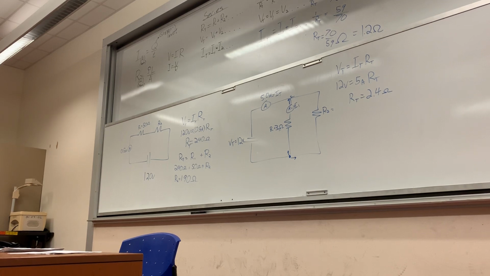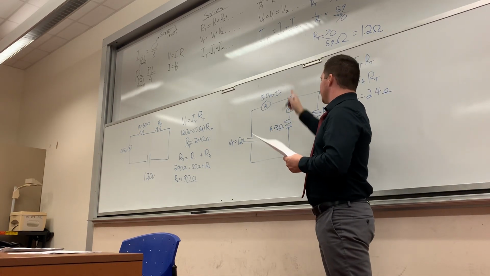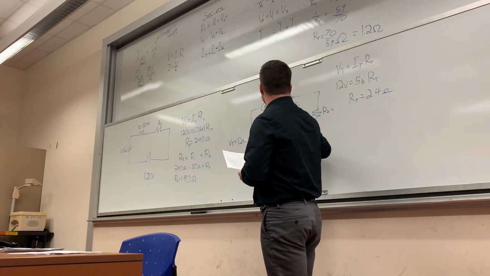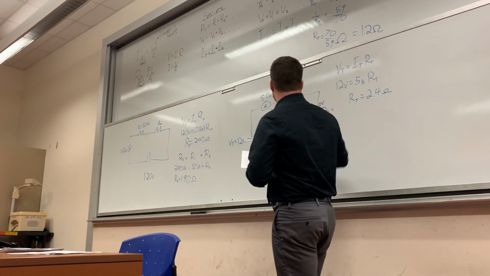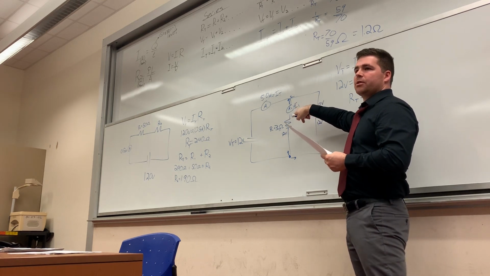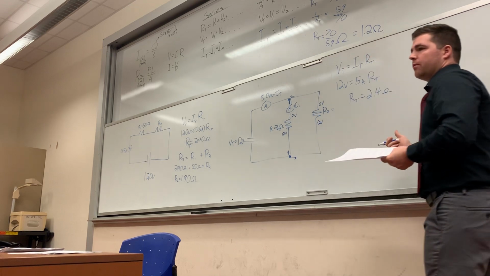Because 12 volts is across both of them. Good. If our total voltage is 12, our individual voltages are 12. Each one of these resistors is going to go from 12 volts to 0 volts. 12 volts coming around, they drop across the resistors. So since we have the total voltage, we actually had the individual voltages as well.